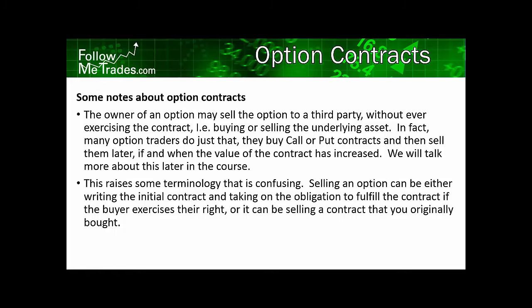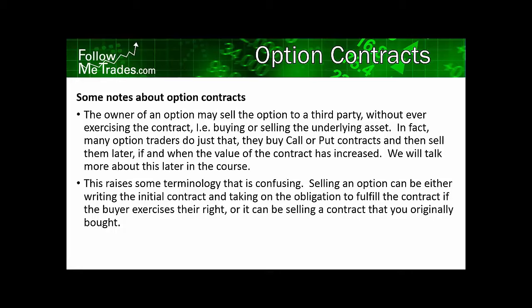Not a problem. Okay, so we teach a very simple strategy, right? And in this strategy, we only buy puts, we only buy calls. We never write contracts. But there's some terminology here around selling contracts. I will sell a contract, but I only sell one that I own.